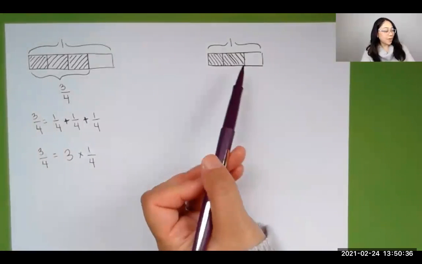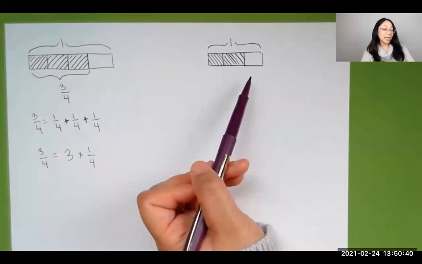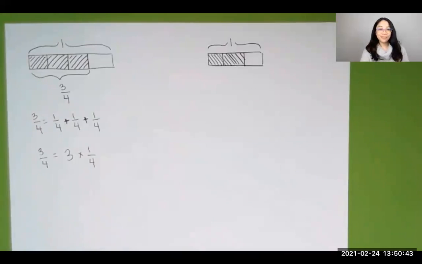Take a look at this diagram here. On your paper, draw a tape diagram just like mine. What fraction is represented by the shaded part? 2/3.